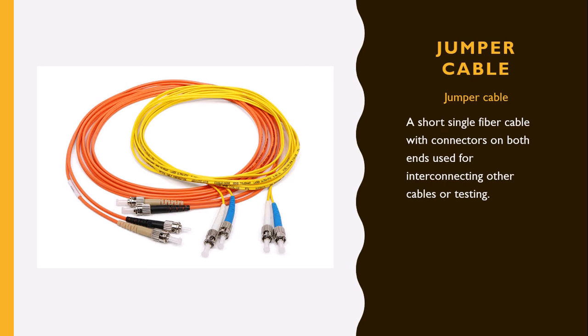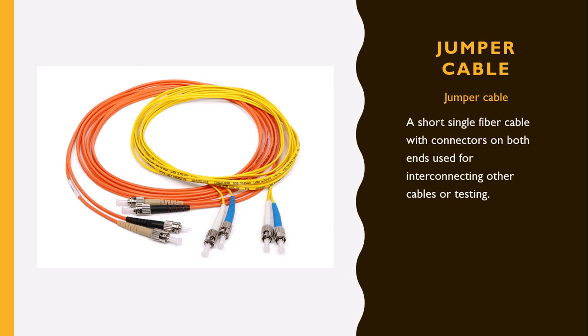A fiber optic jumper is a piece of fiber cable with the same connectors installed on both ends of the cable. It is used to link the equipment and components in the fiber optic network.